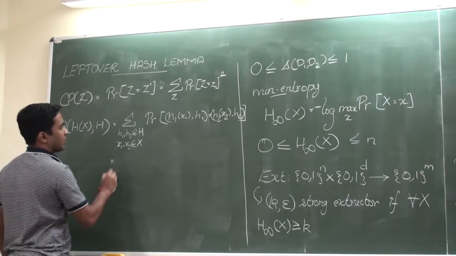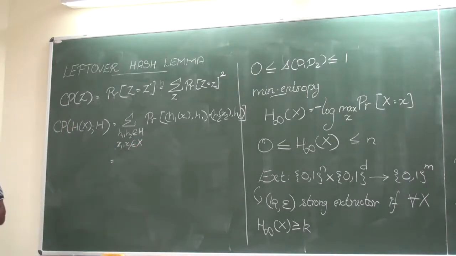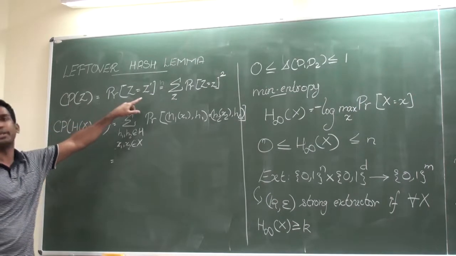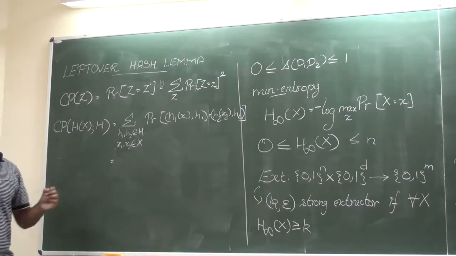Collision probability is defined by two independent random variables colliding. So these are random and independent: h1, h2, x1, x2.